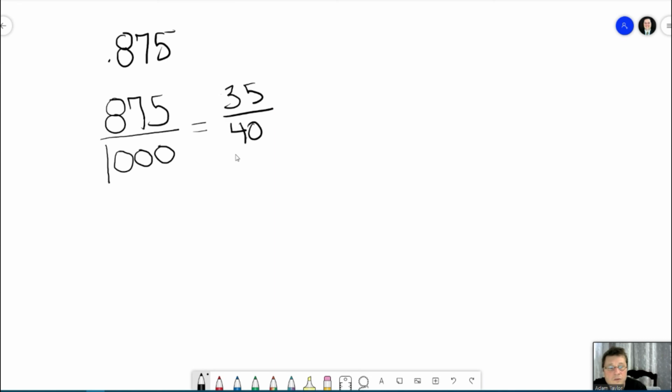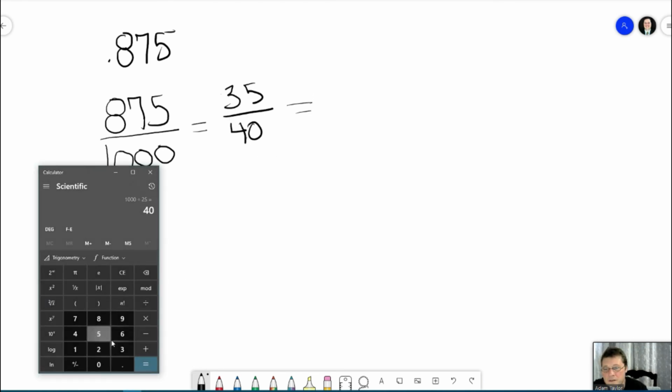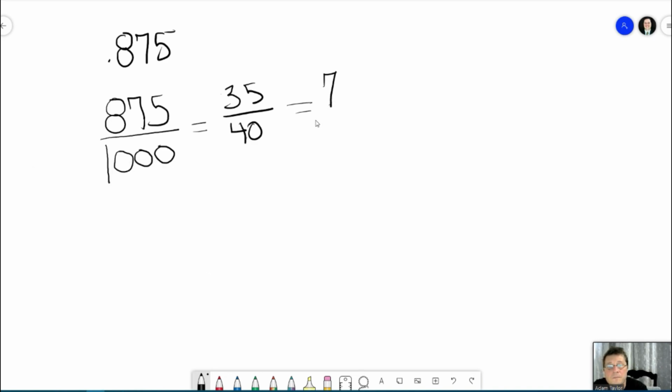So we're not at lowest terms yet. What we need to do is find another divisor. We do know that 5 will divide into 35 and 40. So 5 goes into 35. We'll just do everything on the calculator so everybody can see. We take 35, and we divide it by 5, and we get 7.